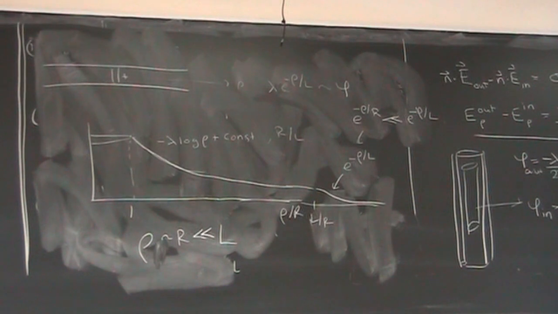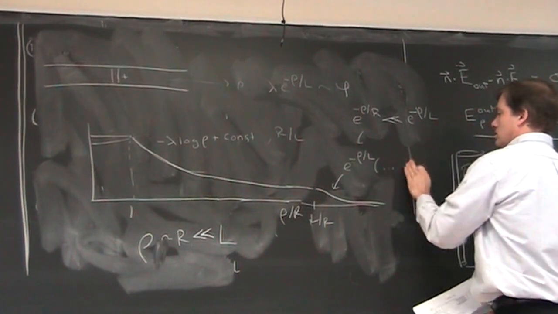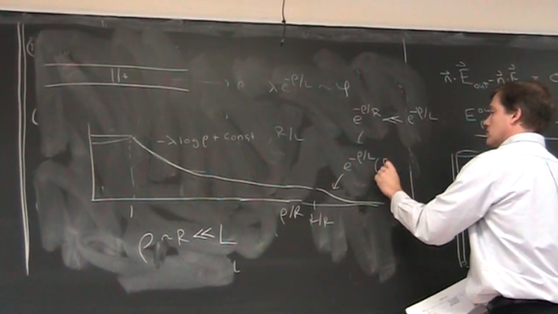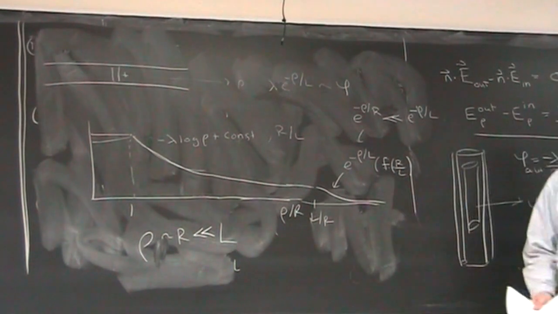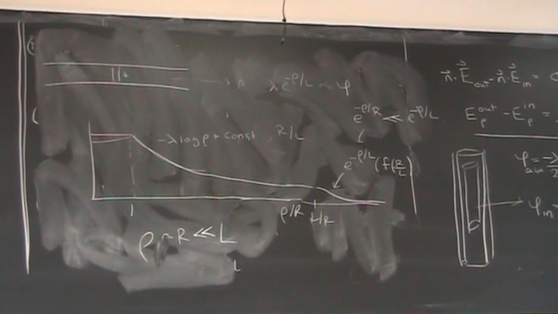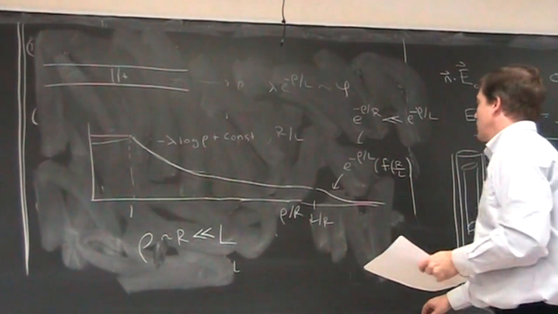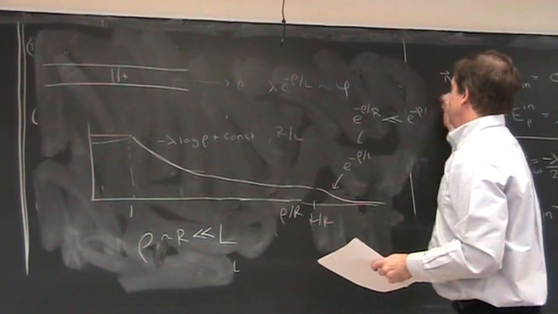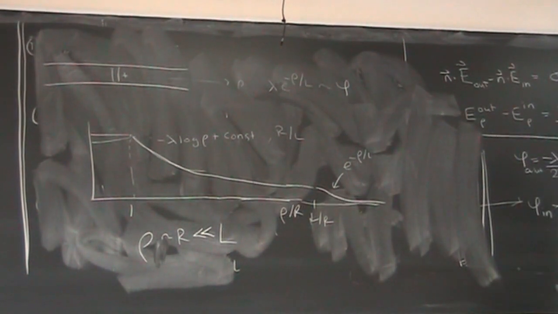Well, you could also have some function of R and L together in the exponential. Absolutely. Of course, you expect some power corrections, some function of R over L. But if R is much, much greater than L, this is a good discussion, so let's broaden the scope. The question was, wouldn't you expect some function of R over L there?